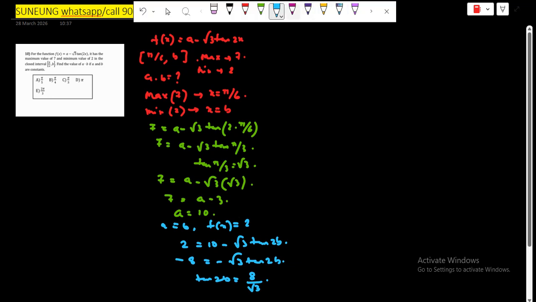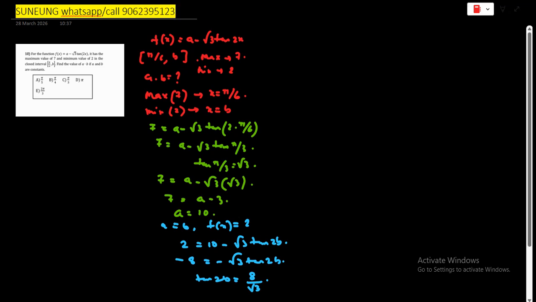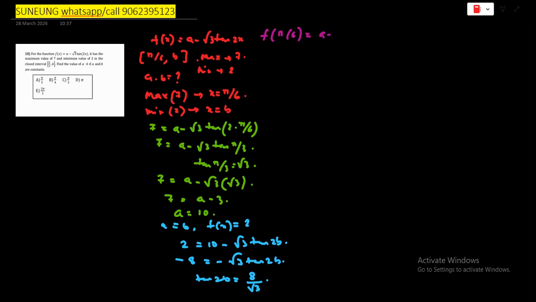So let's look at the math again, guys. f of pi by 6 is equal to a minus root 3 into root 3, that is a minus 3 equal to 7, or a will be equal to 10. So correct. So f(b) is 10 minus root 3 tan 2b, that is 2.